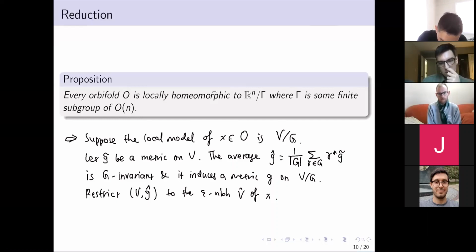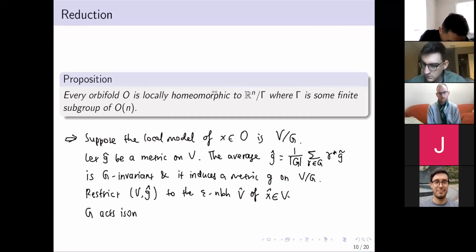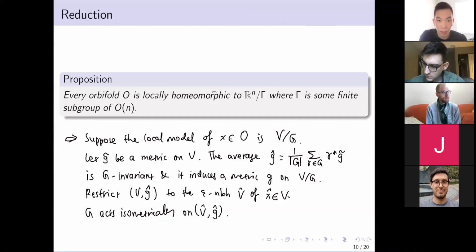So technically I'm gonna call this X hat, that lies in V, that corresponds to the point X. In this epsilon neighborhood, I know that G acts isometrically on this V hat with respect to this new average metric, because this new metric is G invariant, so it has to act isometrically on this restriction.